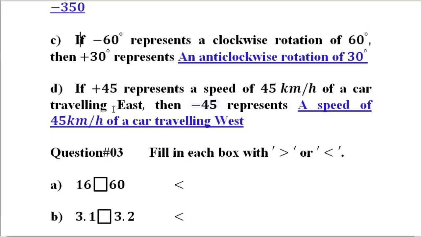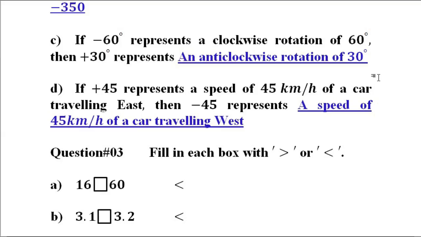Third part from this question is, if negative 60 degree represents a clockwise rotation of 60 degree, then positive 30 degree represents an anti-clockwise rotation of 30 degree. If negative 60 degree represents a clockwise rotation of 60 degree, then 60 degree represents anti-clockwise rotation of 60 degree.